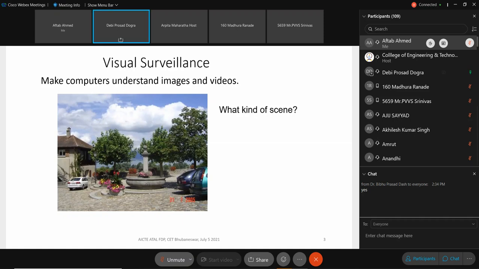Now, if you want a computer to automatically recognize these objects, you should ensure that the computer is well trained. So we need to provide some sort of training. So that is what is more complex.